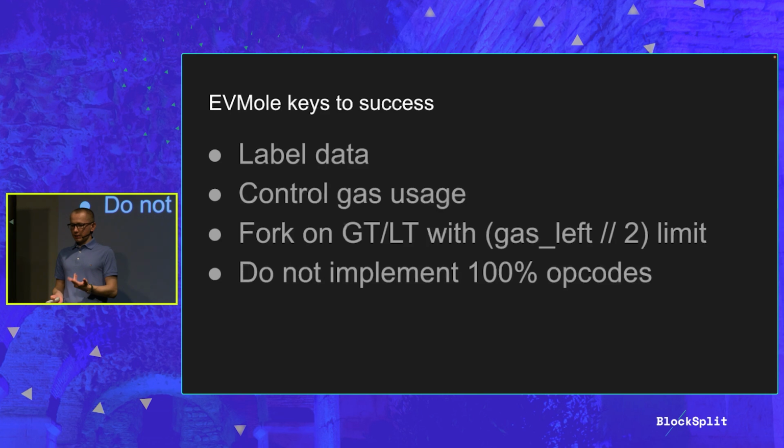Fork on GT and LT with gas left divided by 2, because we want to handle all possible situations, but only in terms of the selectors, so we don't fork on any GT or LT. And do not implement 100% of opcodes, because we don't expect the call opcode or KECCAK opcode in this part of the contract. It's an early stage, and you don't need the KECCAK opcode to extract a function selector or to deduce its type.